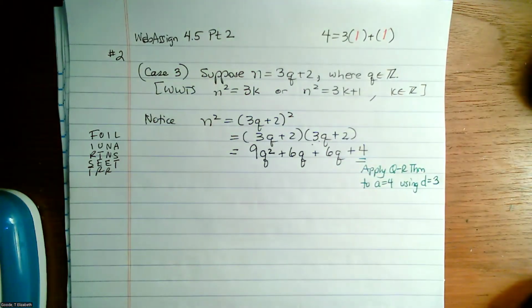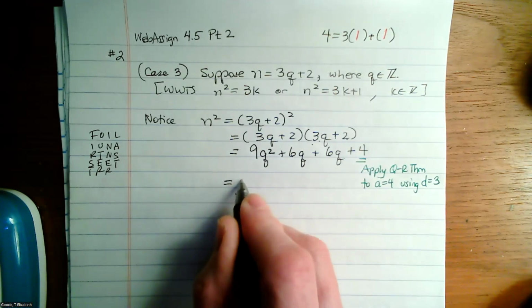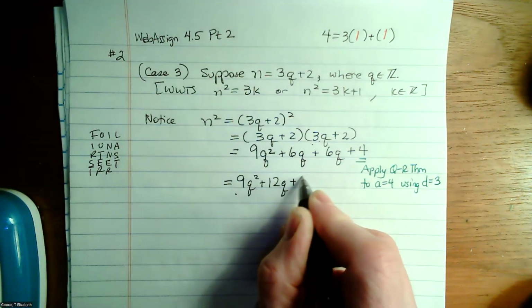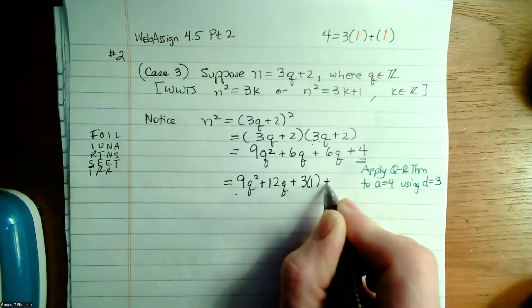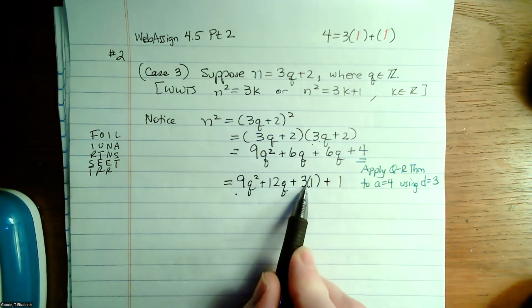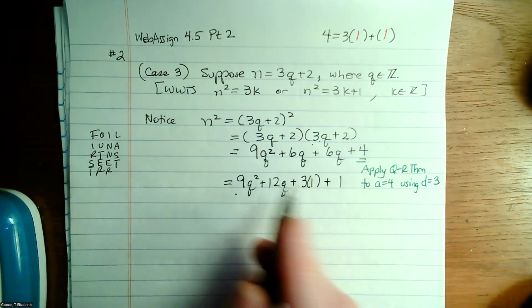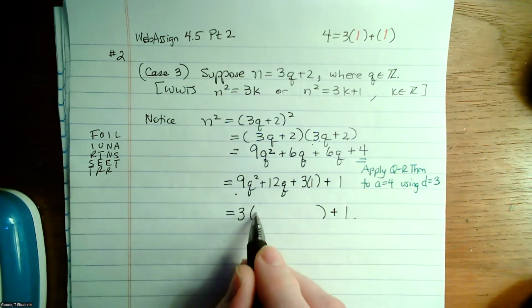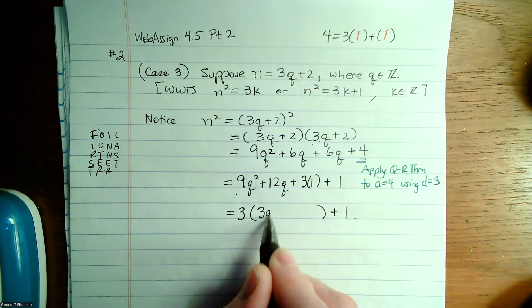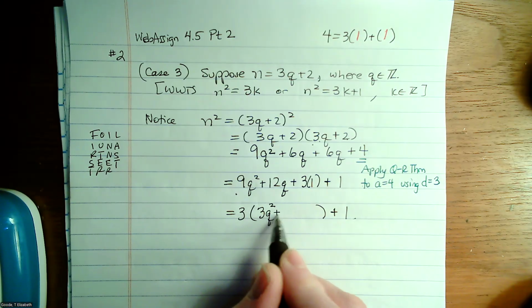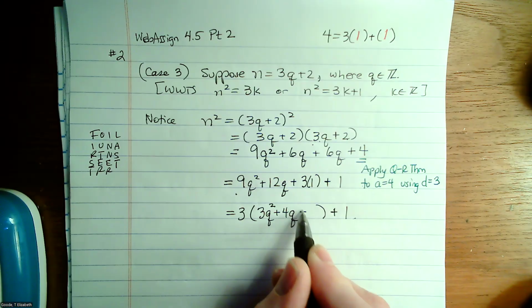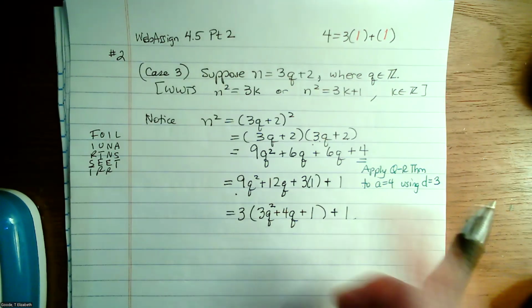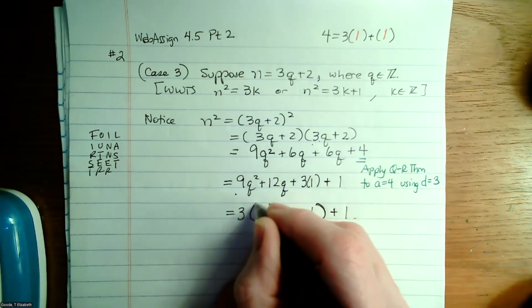So the remainder is 1. This is 9q squared plus 12q plus 3 times 1 plus 1. And now each of these has a factor of 3 in it, right? And then there's a plus 1 hanging off the end. Oh, I got 3q squared plus 4q plus 1, but I added those ones together. Yeah, but this parentheses is supposed to keep them apart.